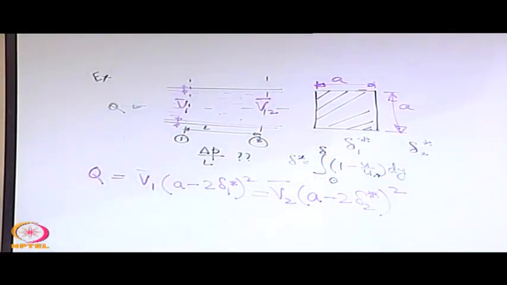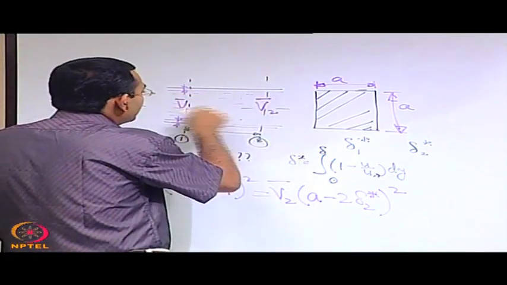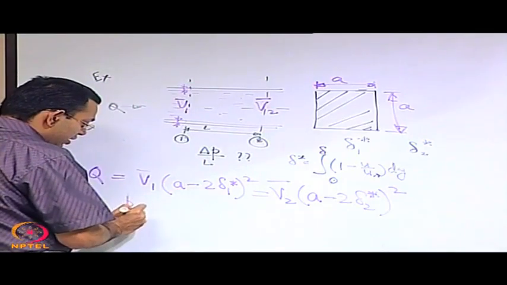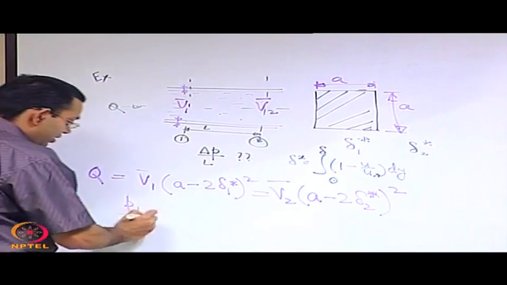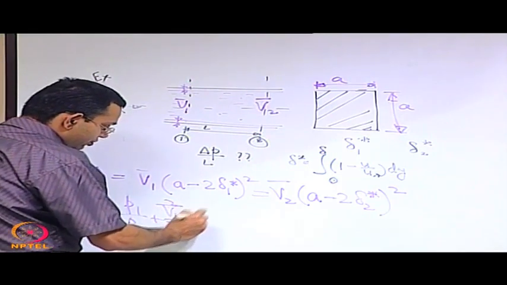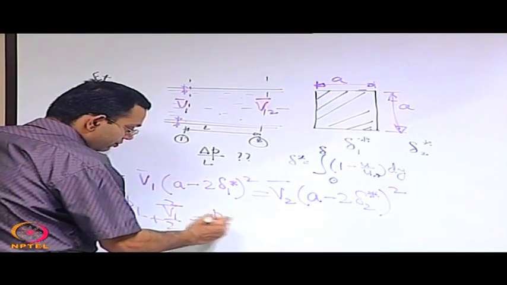That is how you relate V1 and V2. So this is one of the relationships you get. Not only that, since these are inviscid cores and let us say that you have a negligible difference in height, you can always use Bernoulli's equation if it is an incompressible flow. So P1 by rho plus V1 square by 2 is equal to P2 by rho.